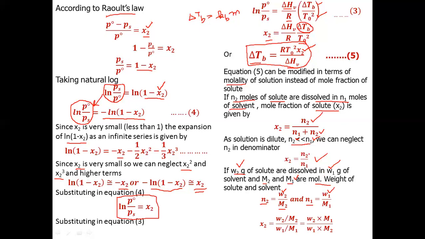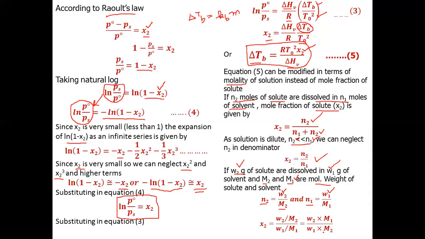So putting the values of N2 and N1, this relation becomes X2 is equal to W2 divided by M2 divided by W1 divided by M1. If we solve it, it becomes W2 multiplied by M1 divided by W1 multiplied by M2.